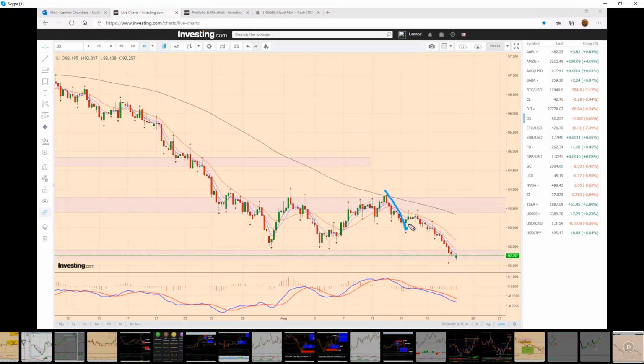We have a 1, 2, 3 top. This is what we're looking for, and we are on our way to the downside. So we know that we're almost basically halfway. So we've got some more room for this to continue to the downside. All right, so opportunities again in the major US dollar pairs.